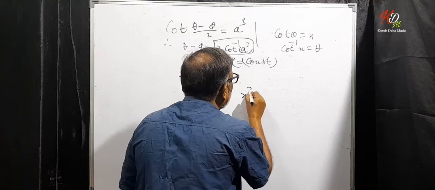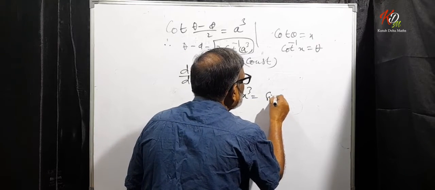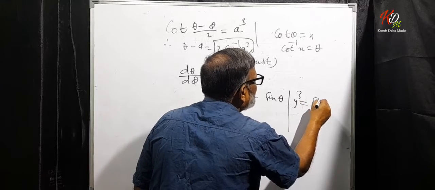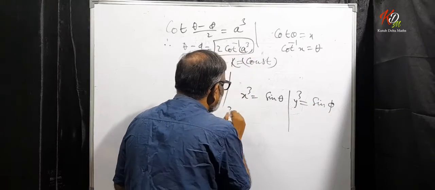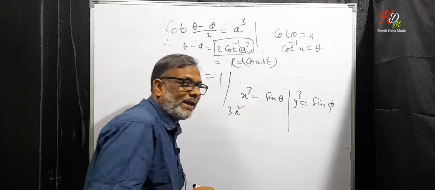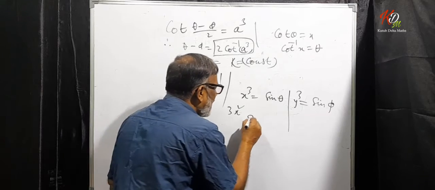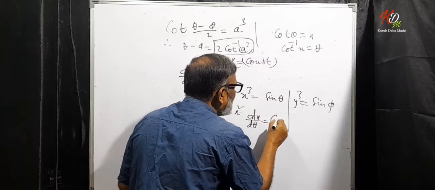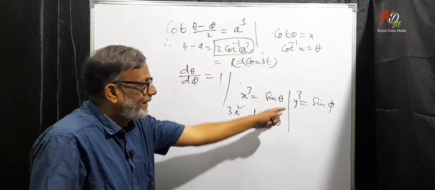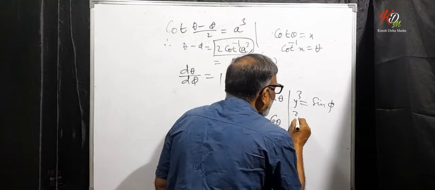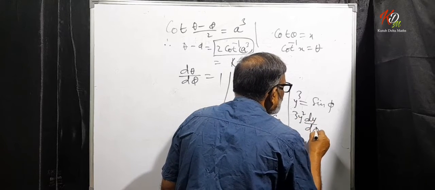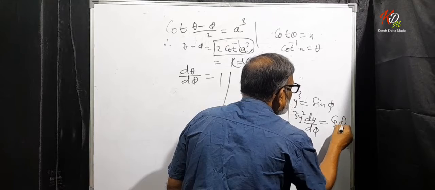x cube equal to sin theta, y cube equal to sin phi. So differentiating with respect to theta, 3x square dx/d theta equal to cos theta. Again 3y square dy/d phi equal to cos phi.